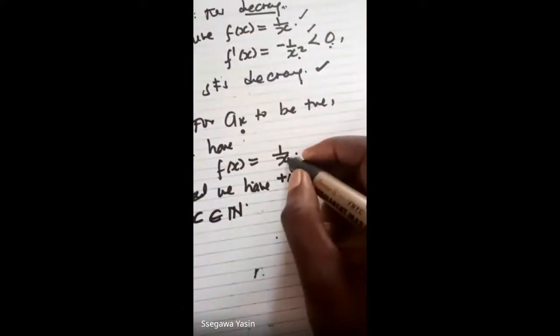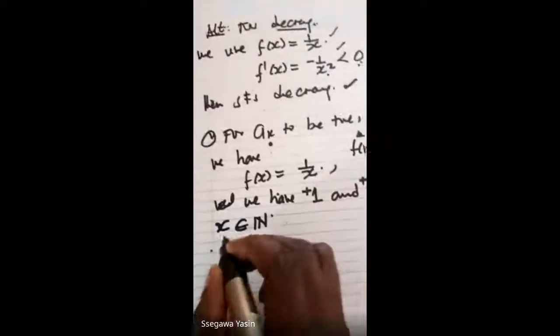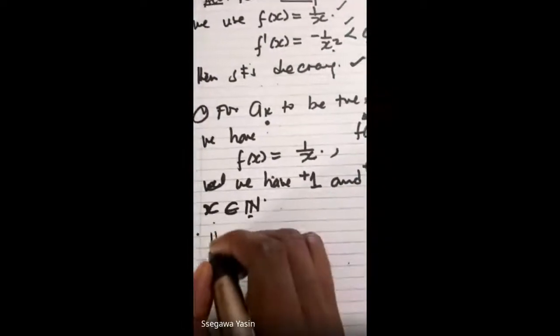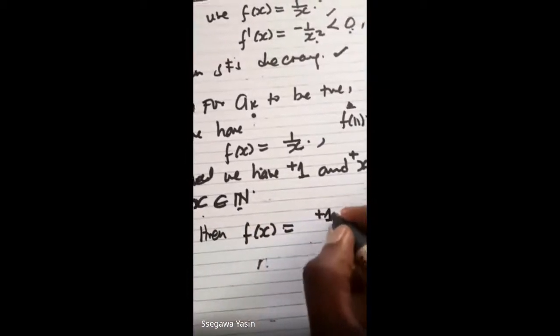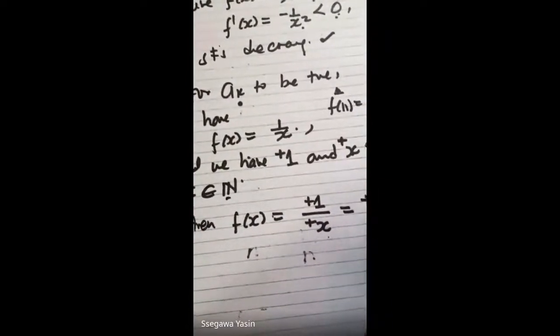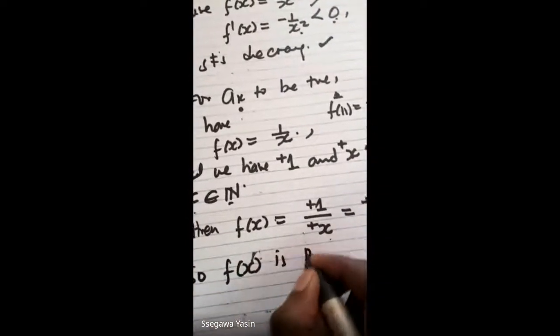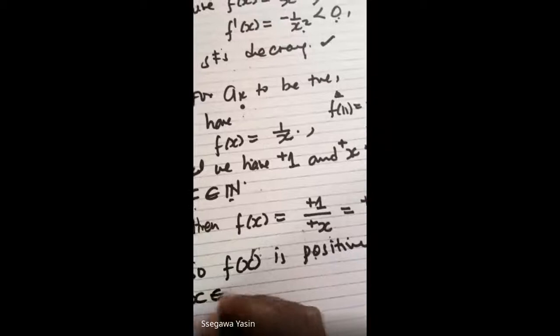It is us changing it to x, because it was f of n equals 1 over n. And we said this n comes from n, meaning that all values are positive. So since this one is positive and this one is positive, the upper one is positive, the lower one is positive, we get a positive 1 over x. So f of x is positive for every x coming from n.